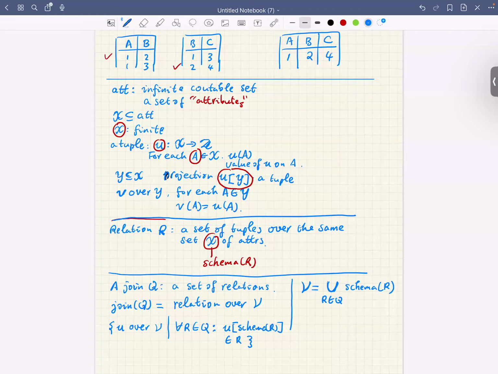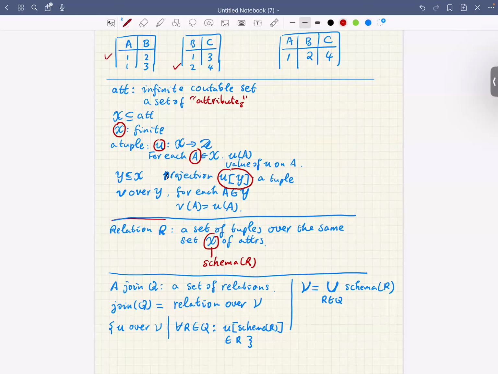Do I have 1, 2 in the first table? The answer is yes. Similarly, you have 2, 4, that's the projection on BC, and 2, 4 is indeed a tuple in the other table. Therefore, this is a result tuple.